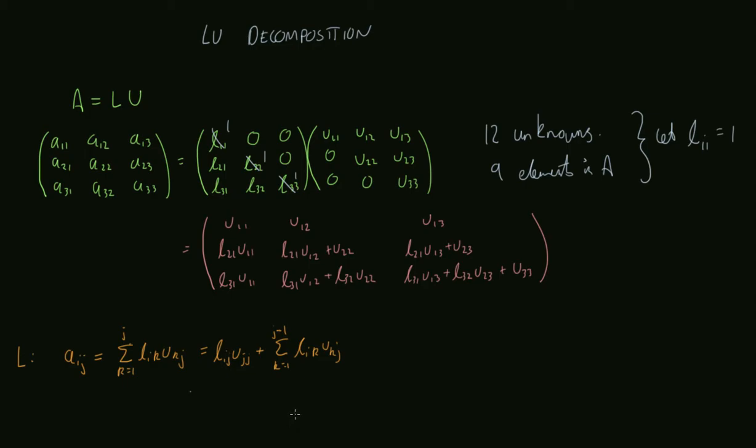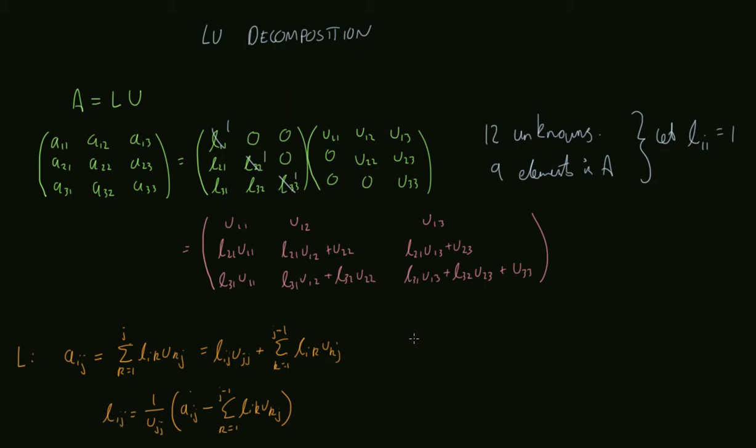If we rearrange this, what this gives us is Lij is 1 over Ujj, dividing throughout by that term, multiplied by Aij minus that summation of Lik Ukj. So that's how we calculate an element of L.